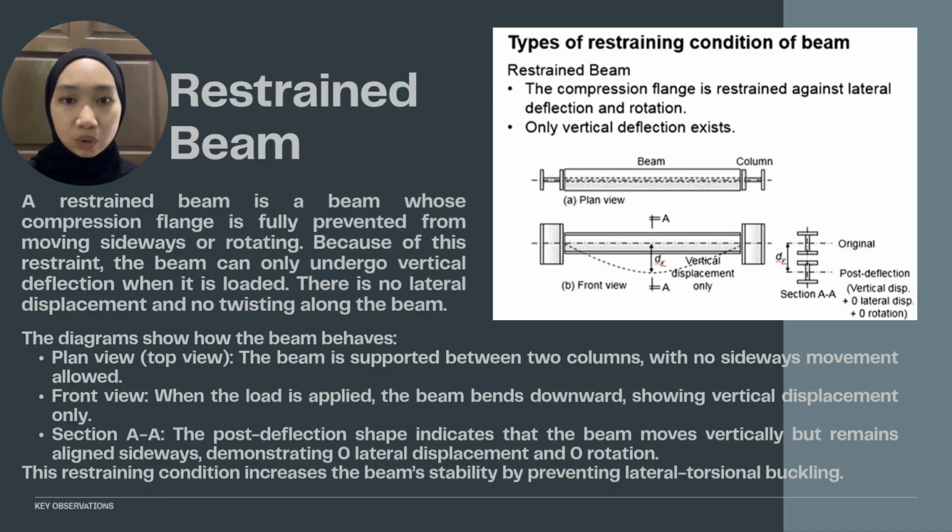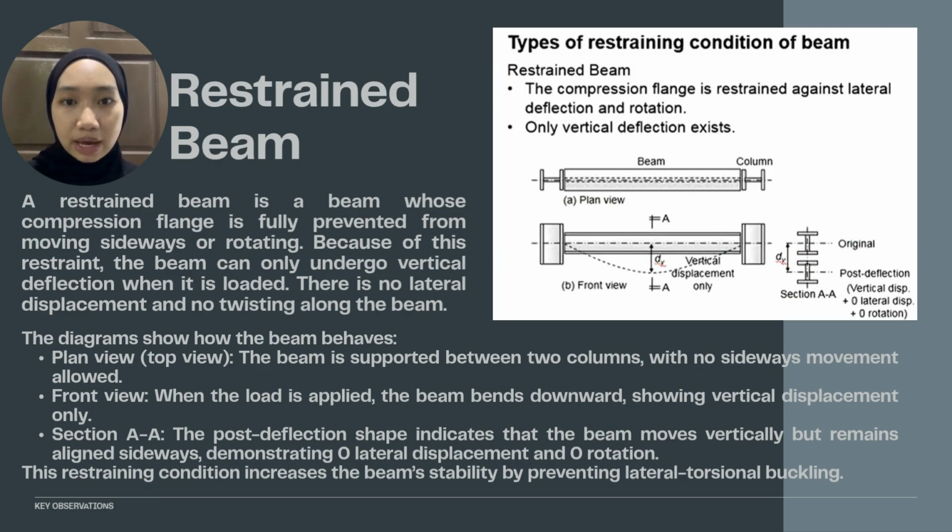The diagram shows how the beam behaves. From the plan view, which is the top view, the beam is supported between two columns with no sideways movement allowed. From the front view, when the load is applied, the beam bends downward, showing vertical displacement.